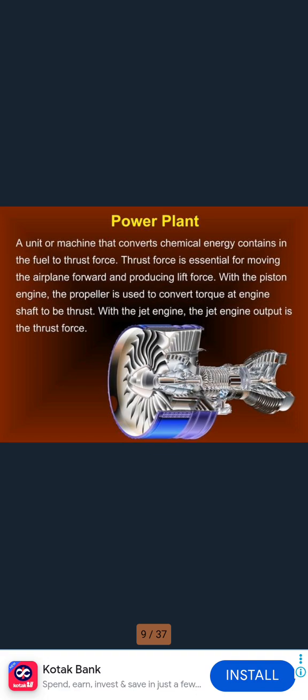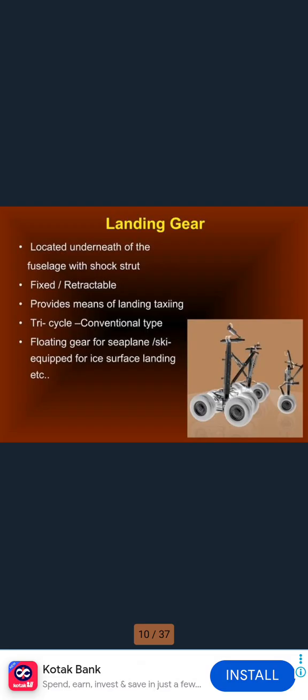With the jet engine, the output is thrust force. Landing gear is located under the fuselage and provides support for landing and taxiing, using tricycle or conventional types, with floats for seaplanes and skis for ice and snow surface landing.